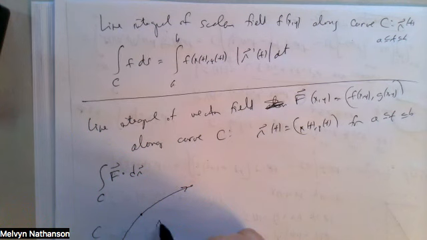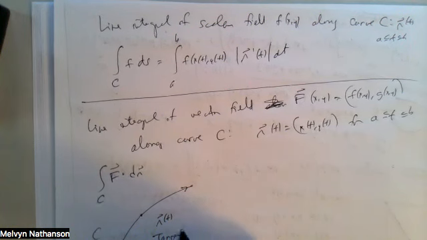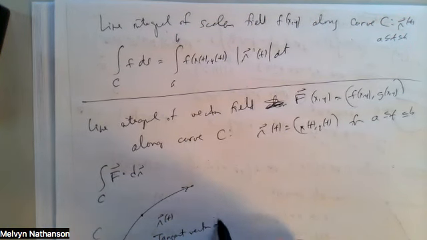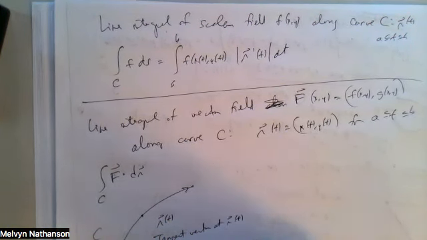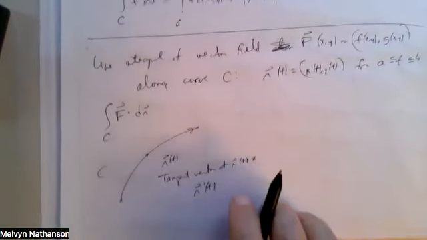And at each point on the curve, this is the point r of t. And we have the tangent vector at r of t, which is r prime of t, the derivative.